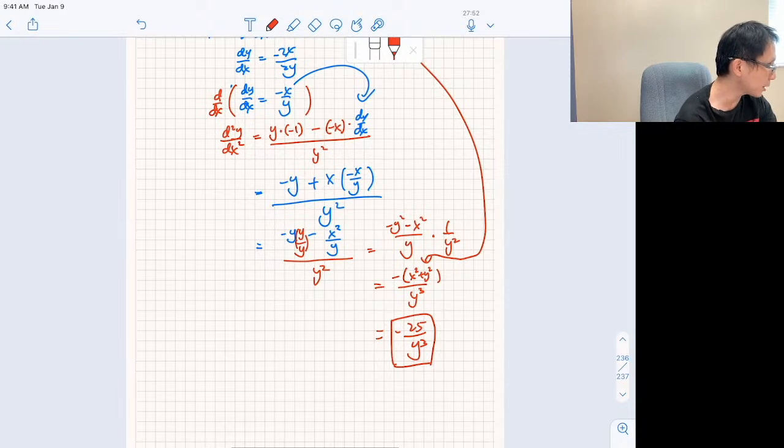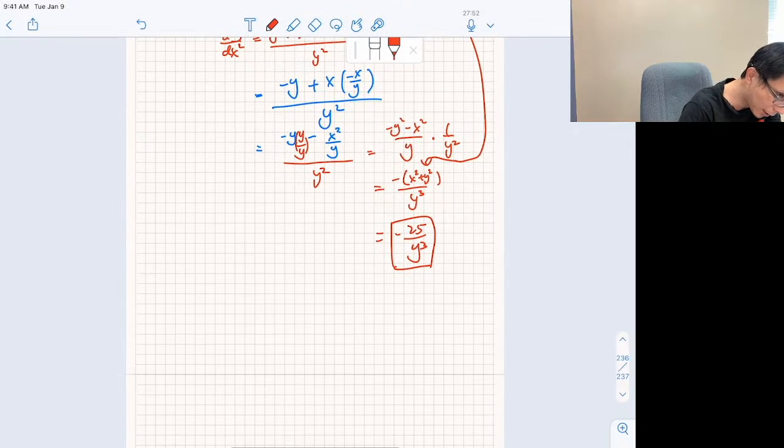So there are a couple of things I want you to think about. If I ever want to find a horizontal tangent in implicit differentiation, here is what you should know.